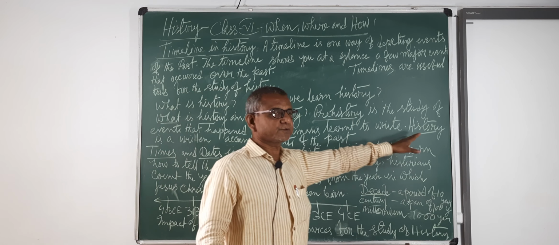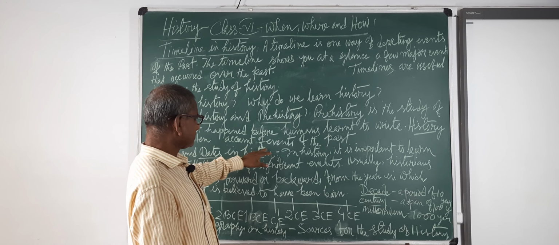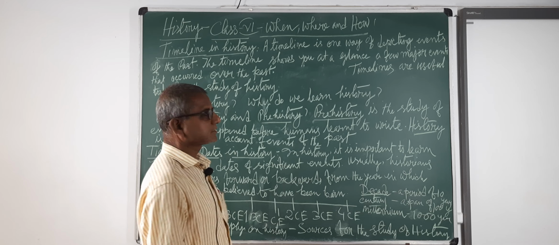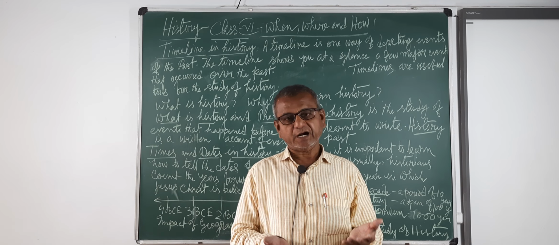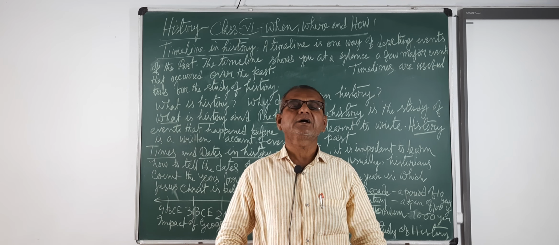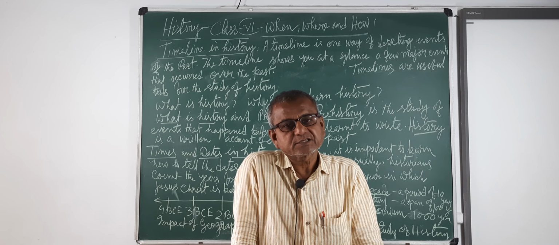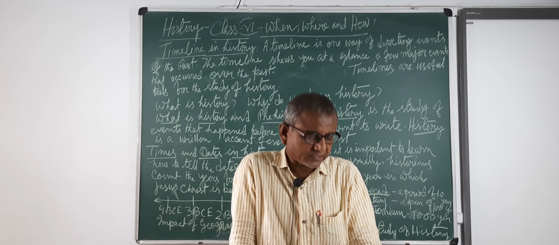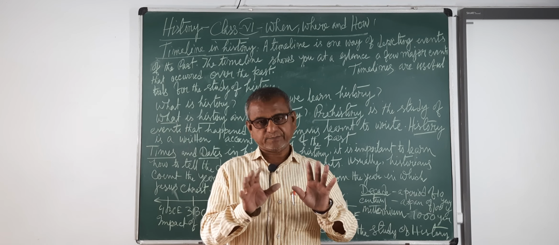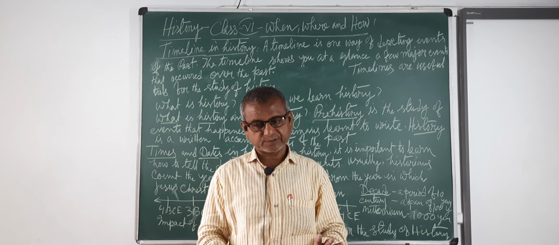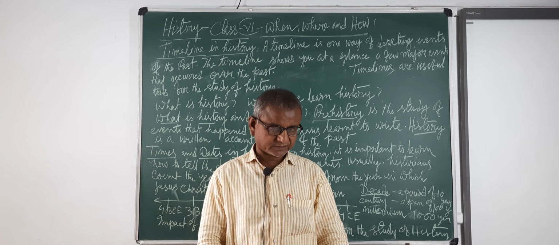And what is the historical period? History is the written account of events of the past, from when we learned the art of writing. For example, in India, the Aryan Vedic age. In the Vedic age, people began to write the Vedas, which is why it is called the Vedic period: the Rig Veda, Sama Veda, Yajur Veda, Atharva Veda.